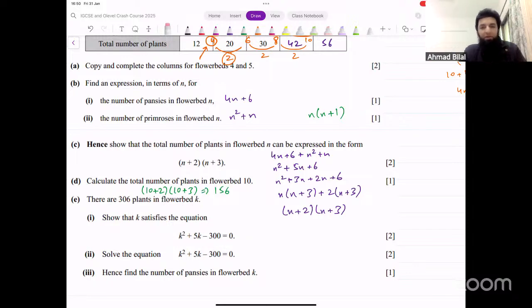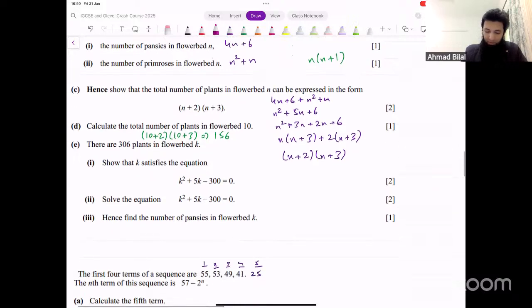All right, now how do we think about this? There are 306 plants in flower bed K. That's referring to the total number of plants, right?